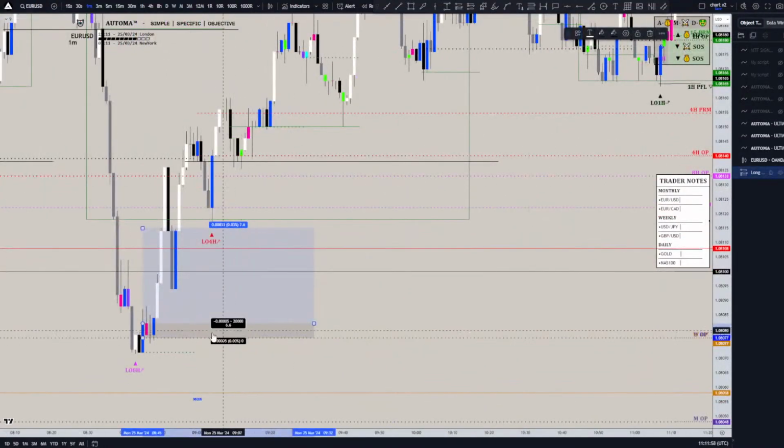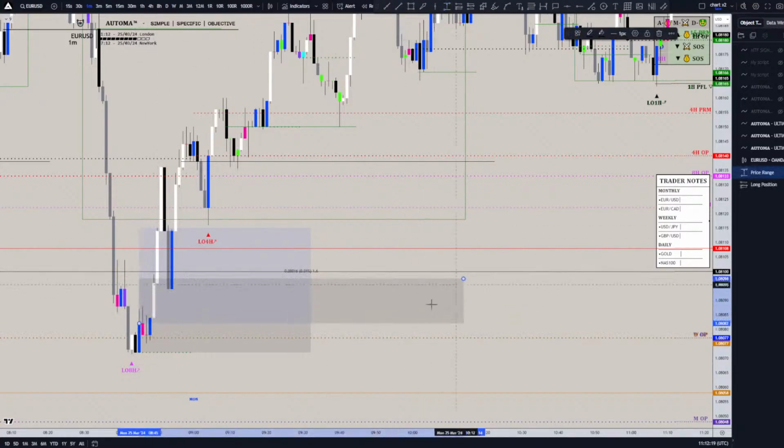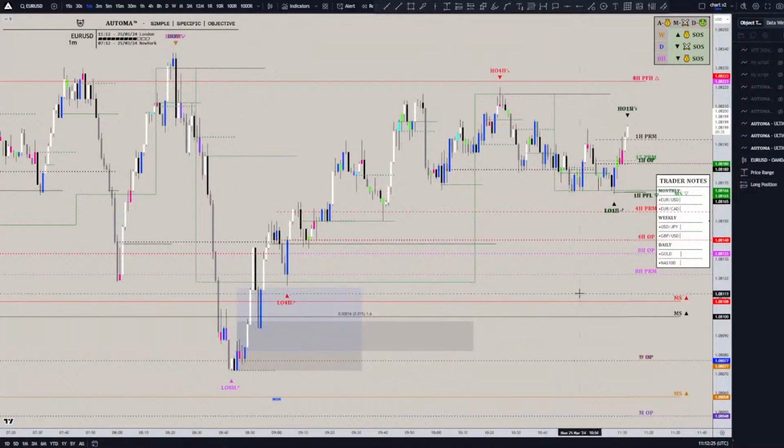Which is one candle basically. My partial risk free level was 1.6. Target.